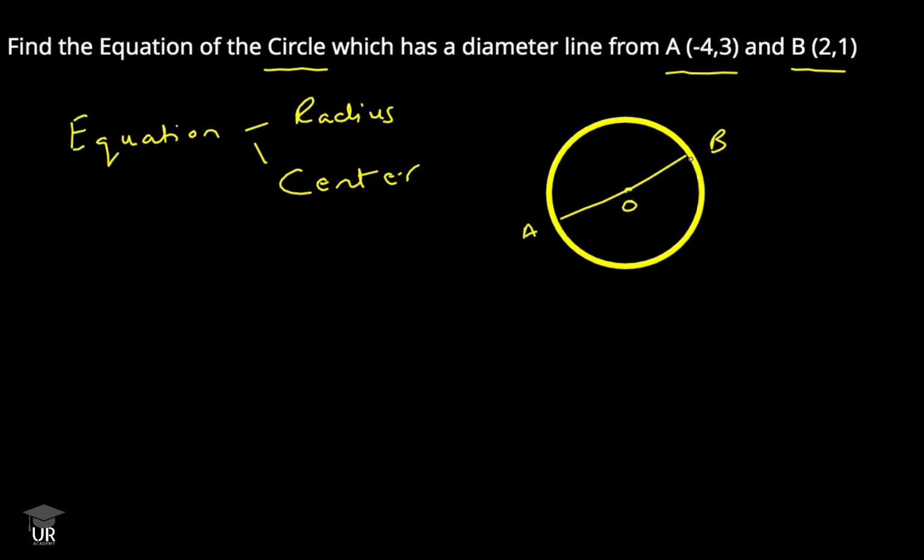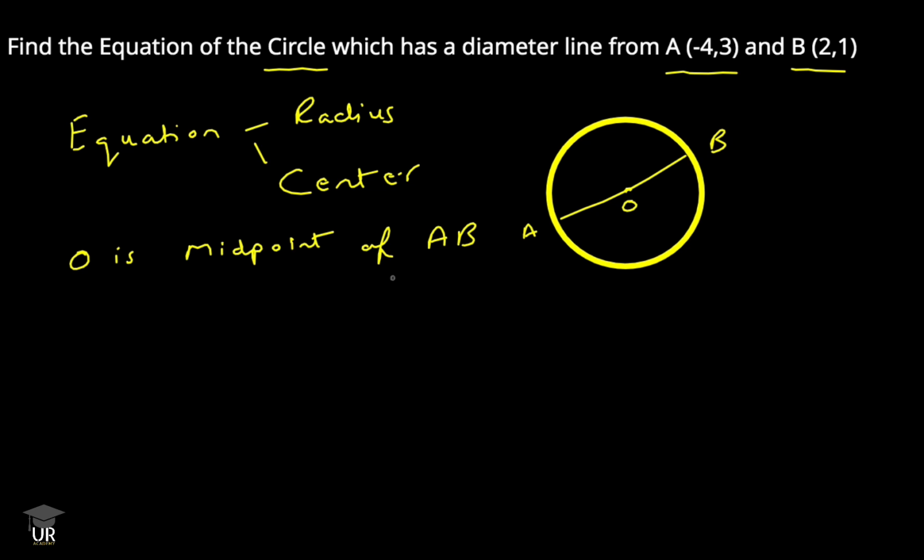If you look carefully, this point O is at the midpoint of A and B. So this center O is actually the midpoint of AB.